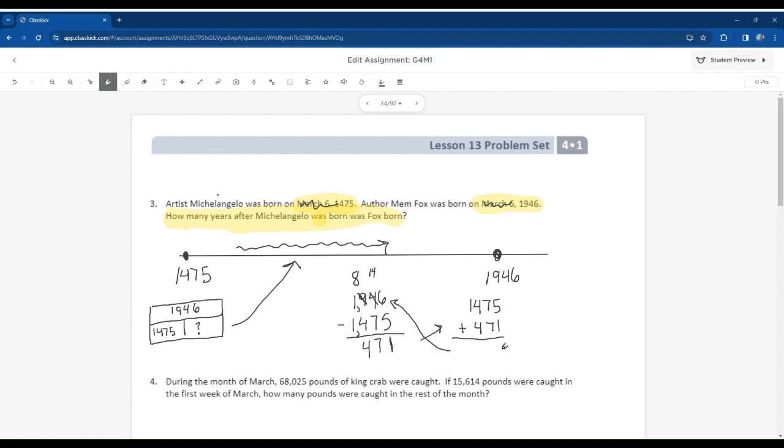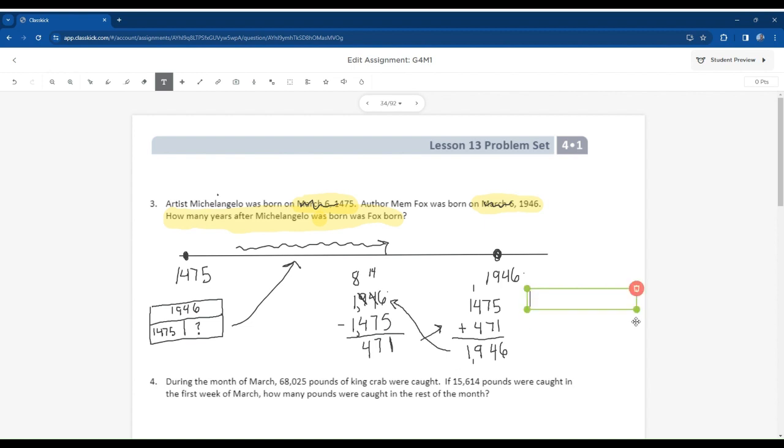So 5 plus 1 is 6. 7 plus 7 is 14. Down the 4, carry the 1. 1 plus 4 is 5, plus 4 is 9. And 1 plus nothing is 1. And 1946 matches here and matches here. So I know that I am correct.